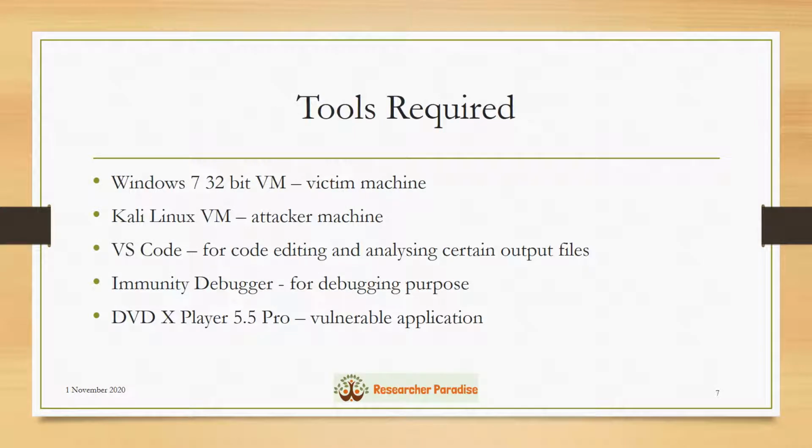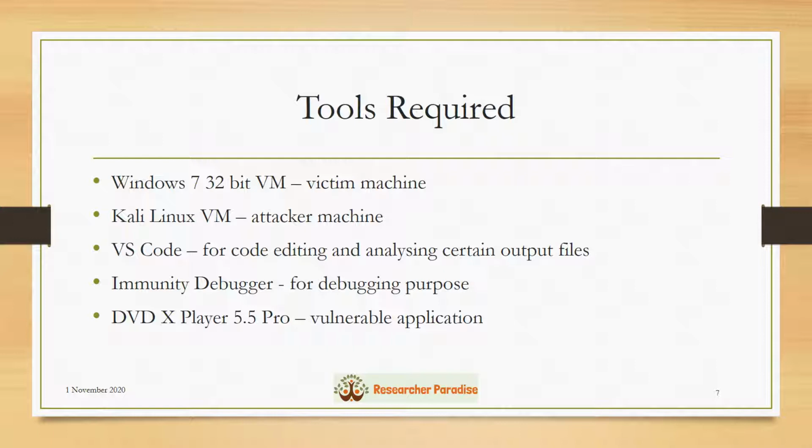Before moving on to the demonstration, let's revisit the tools that we need. A Windows 7 32-bit VM would be our victim machine. A Kali Linux VM would be our attacker machine. VS Code will be used for code editing purposes as well as for analyzing certain output files.